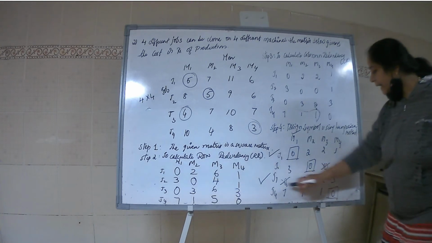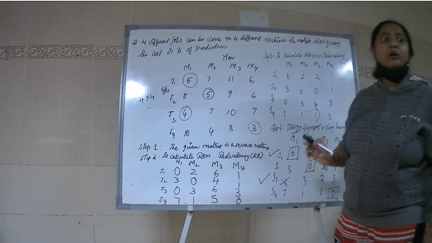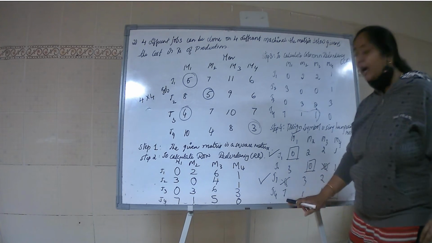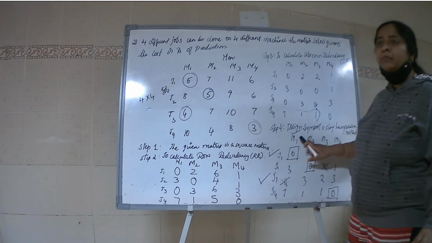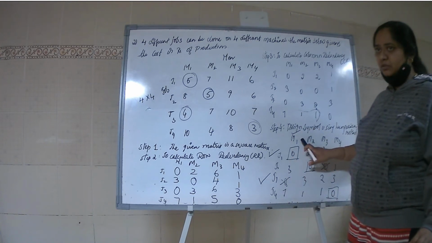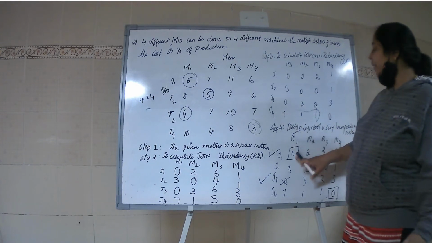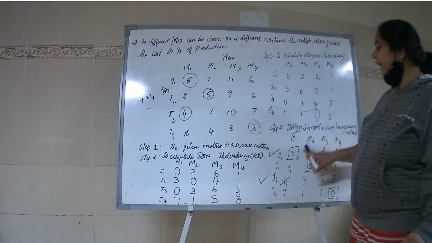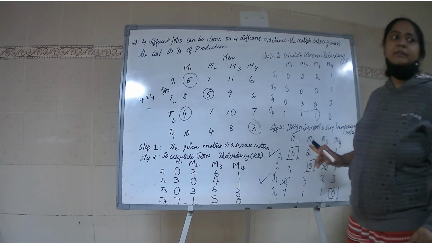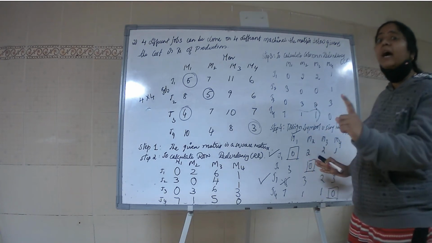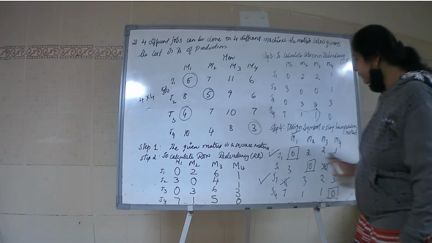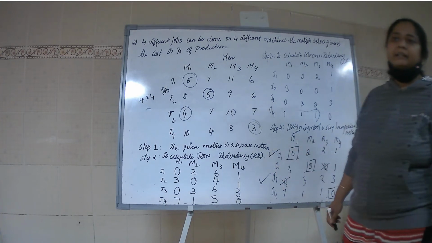Then in that row you have to check where you have 0. And you have to tick that column where you have 0. In this column you have to check where you have assignment and tick that row for that assignment.